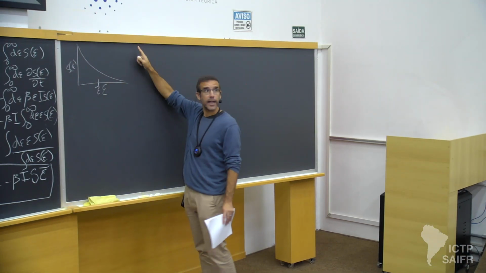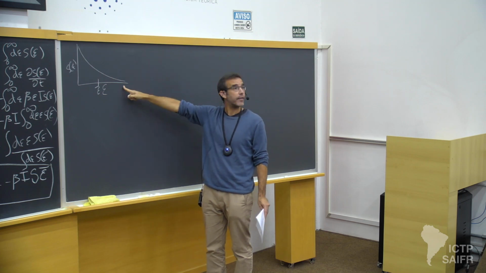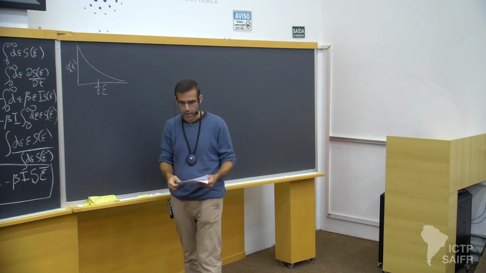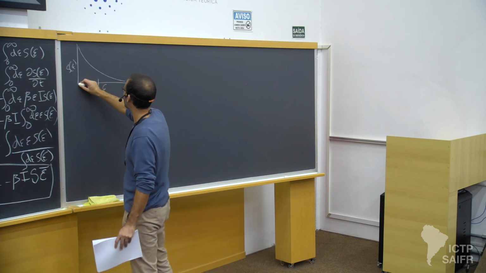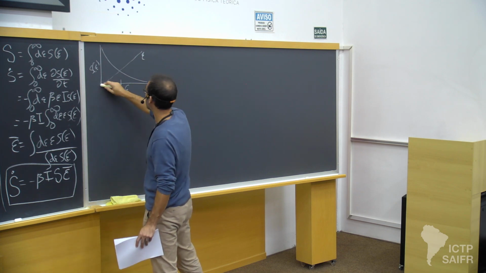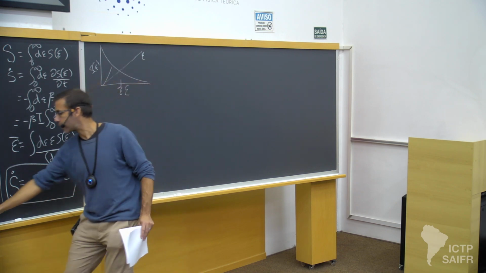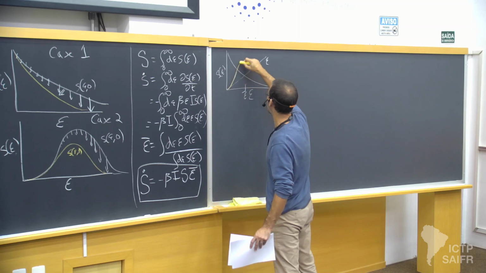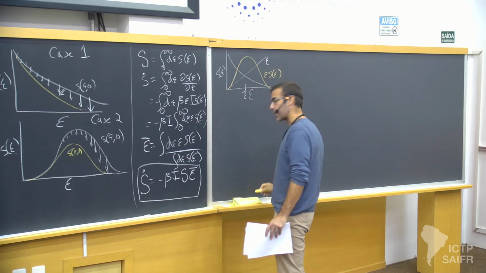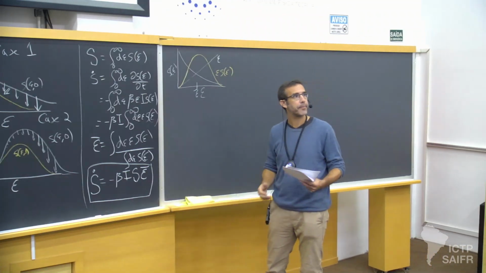Here, it's very likely if you have a high epsilon, you're going to be infected, but there are very few, right? So somehow, something in the middle may be the case. If you remember, I think I drew this, and then I drew something like this, which was epsilon s of epsilon, right?